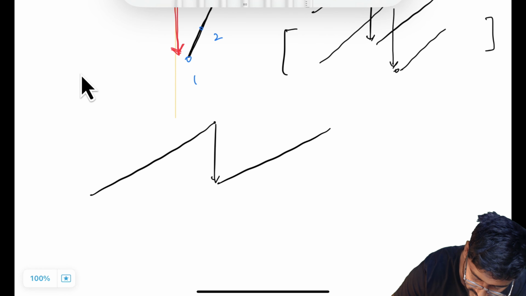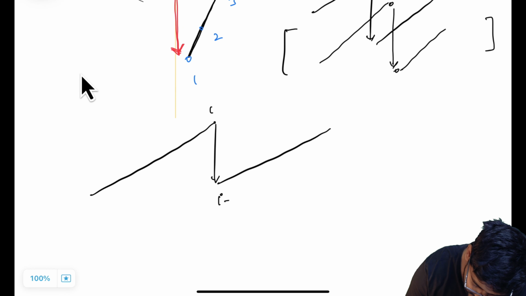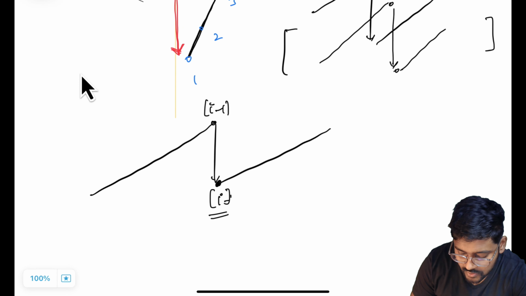a fall, then non-decreasing. It means that for this I position, let's say this is the I position and this is the I minus 1 position. The I minus 1 element is greater than the I element.